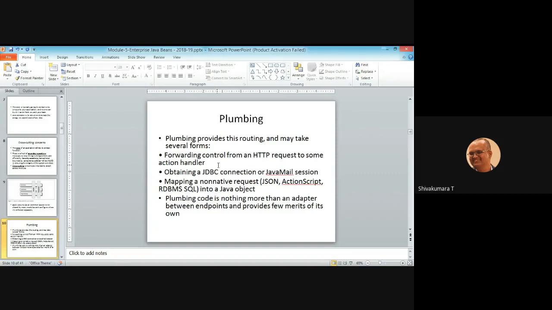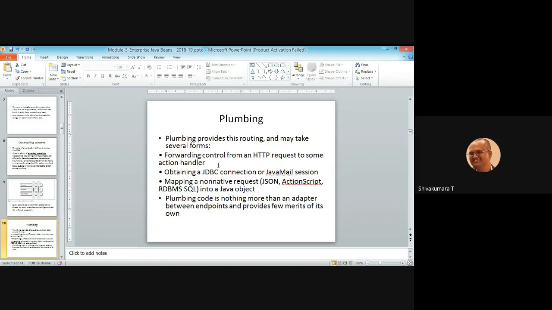And the third one, mapping a non-native request like JSON, ActionScript, RDBMS SQL into a Java object. Non-native request means, as I said, a client. I would like to tell an example.